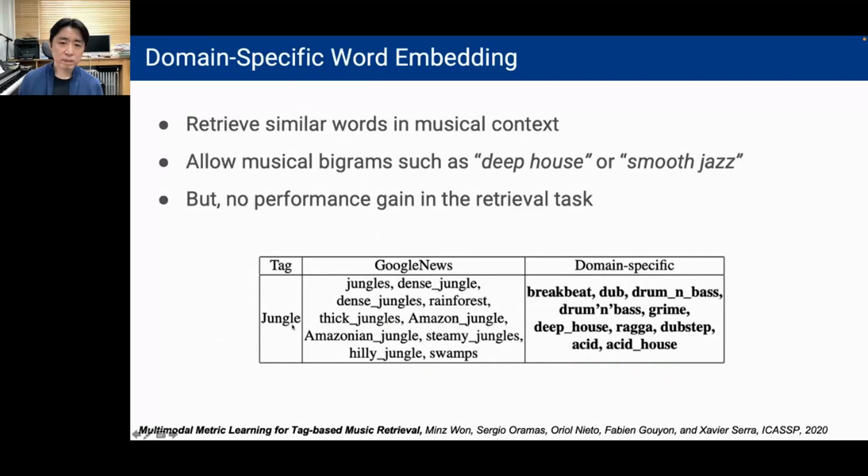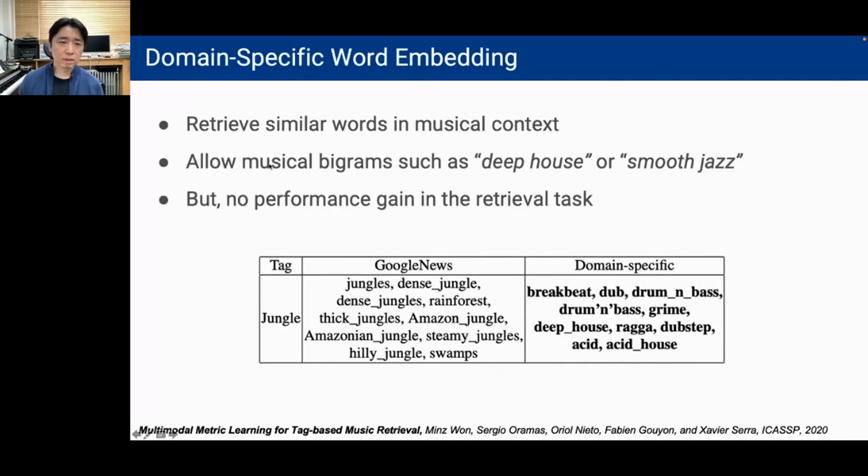For example, for jungle as a query, the nearest words in general word embedding include rainforest, Amazon jungle, or swamp, as a geographic place. But domain-specific word embedding understands jungle as a music genre, so it retrieves breakbeat, dub, drum and bass, and so on.